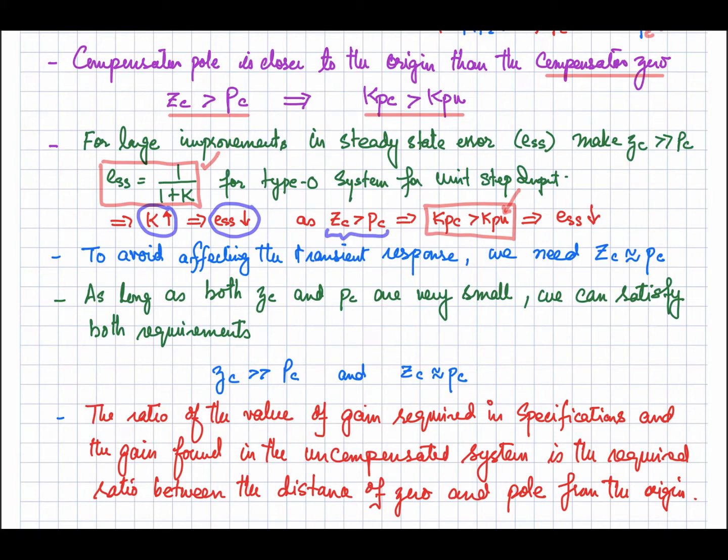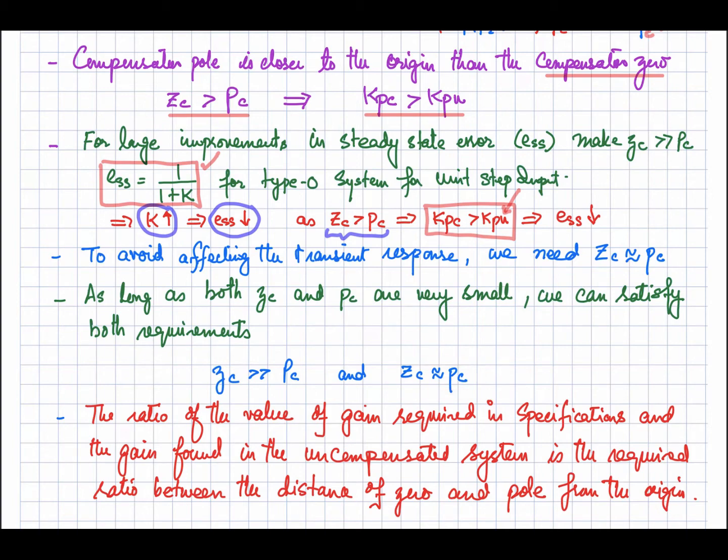So as long as zc and pc are very small, we can satisfy both requirements: that zc is quite large as compared to pc, so that K will be increasing and the steady state error will be reducing, and that the zero is very close to the pole, so that the transient response is unaffected.